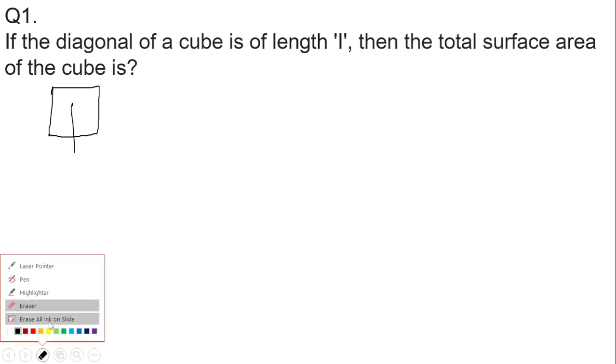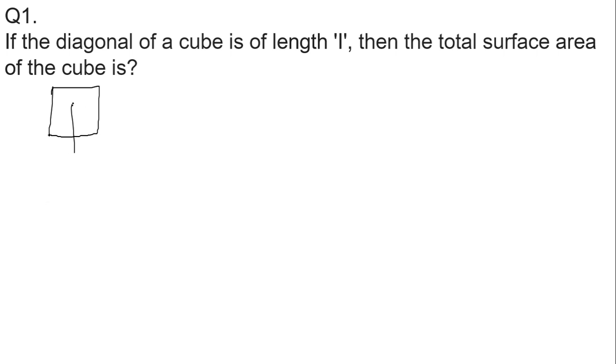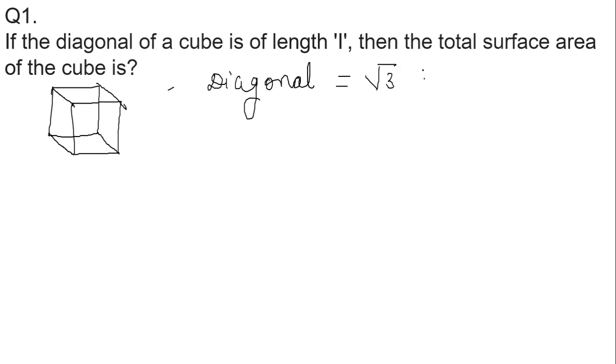Okay, hold on. Now this is the cube structure. In this structure of a cube, we have studied that the diagonal of the cube can be written as under root of 3 into a. And what does a represent? A is the side of the cube.